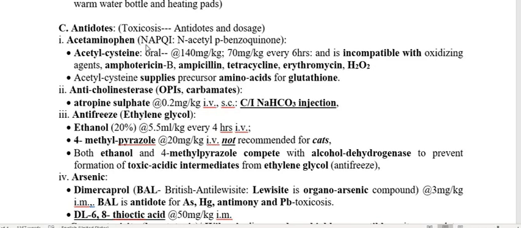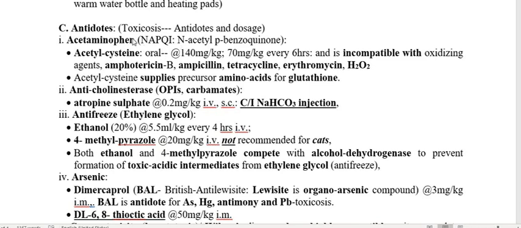This happens because of the deficiency of the natural antioxidant body compound glutathione. So if the glutathione level in an animal poisoned with acetaminophen is low, then NAPQI is going to produce hepatotoxicity.